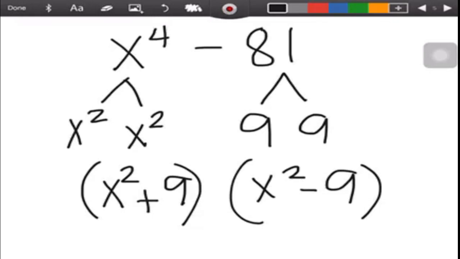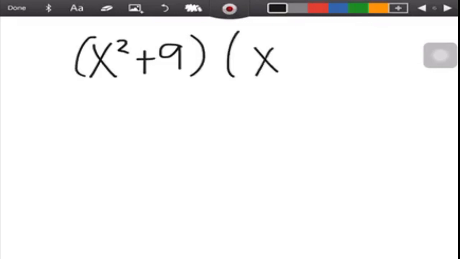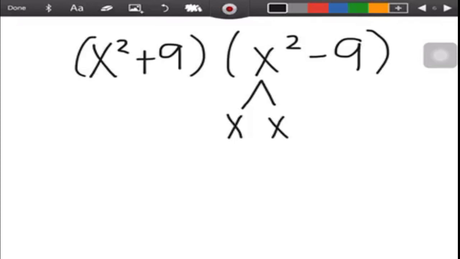This one is not yet the final answer because, if you can observe, the second term is still factorable. So we need to continue: x squared plus 9 and then x squared minus 9. So we still need to factor the second factor. The factors of x squared are x times x.